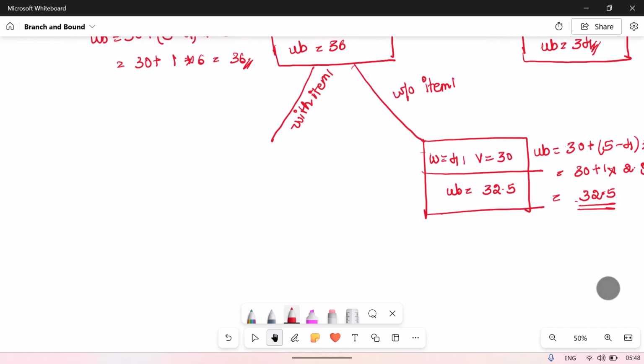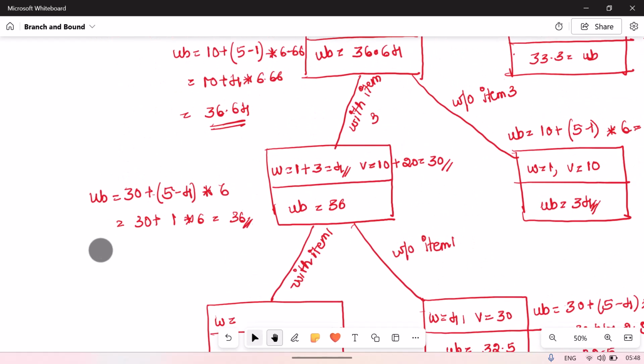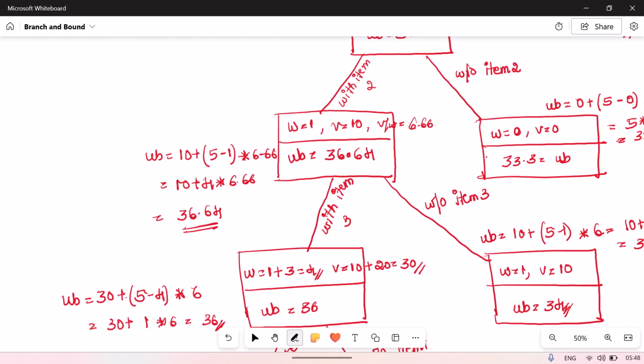Let us go to the other side. So with item 1, check if any previous item is inside the knapsack already. So with item 2, this path, with item 2, with item 3.